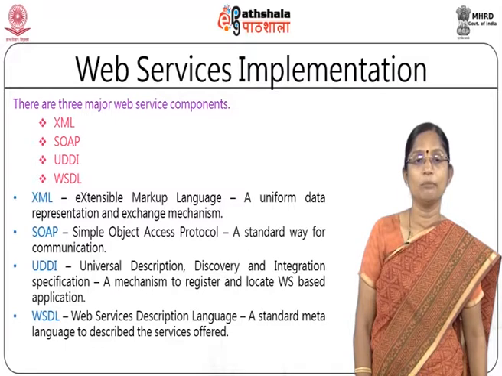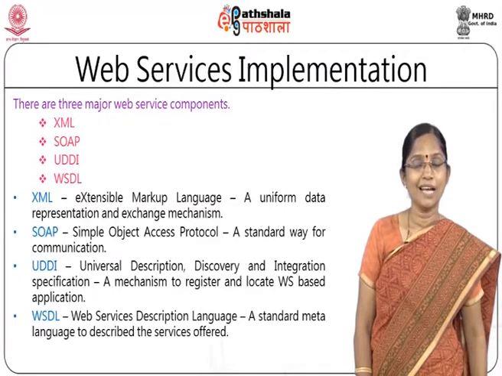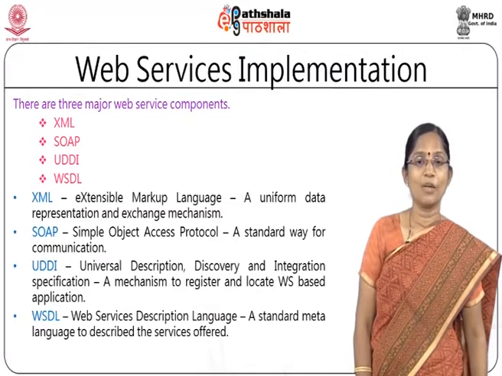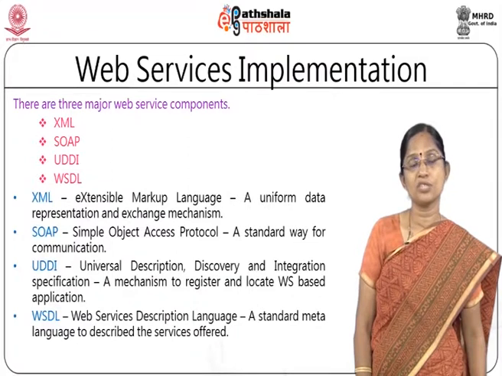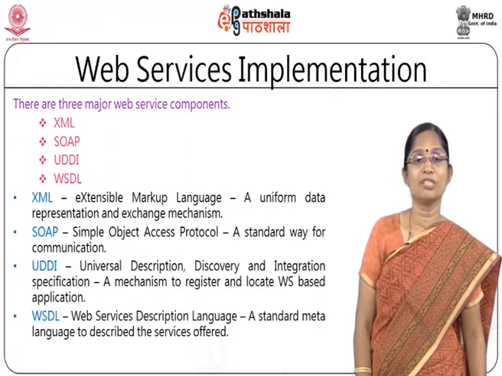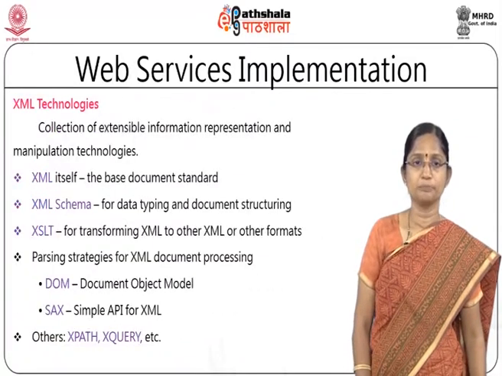It is actually WSDL, Web Services Description Language. This is a standard meta language. This meta language describes the different types of web services which have been offered. All of these web services are registered in UDDI and the description of these web services is provided by the WSDL file. So, these are the three components of web services.